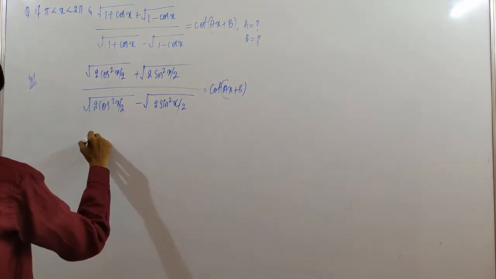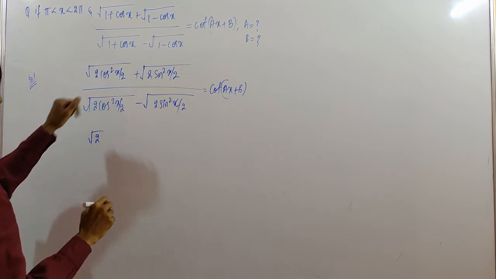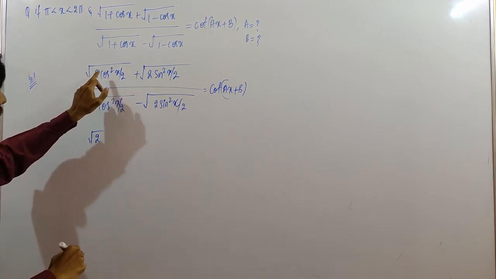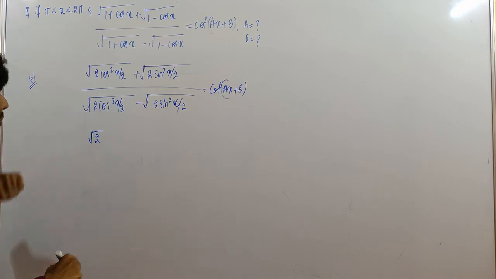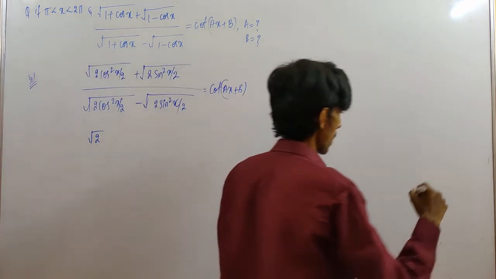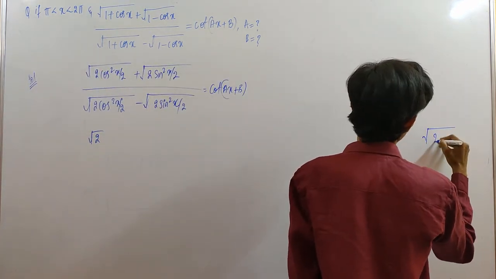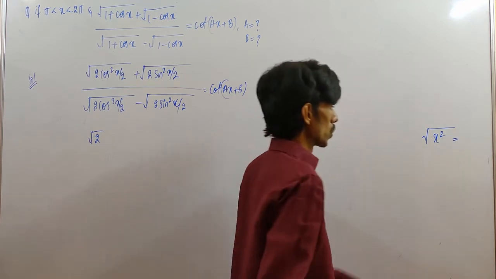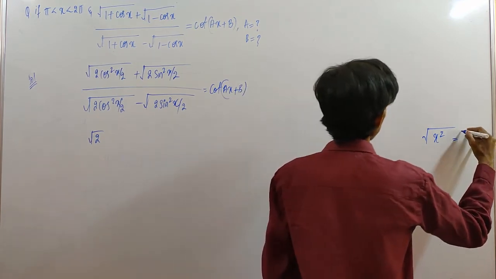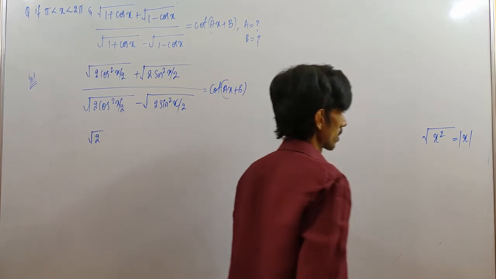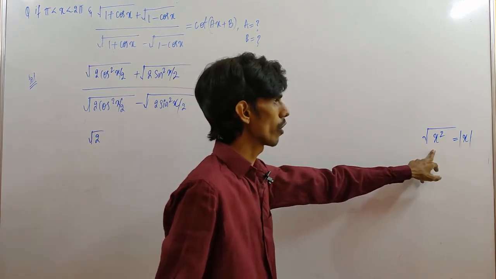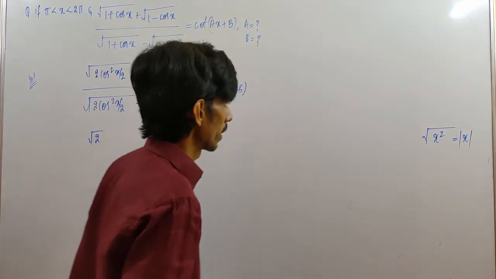Now this root 2 will become root 2. Here we have square root of cos square x by 2. We know that the square root of x square is mod x. Remember this, square root of x square is mod x.